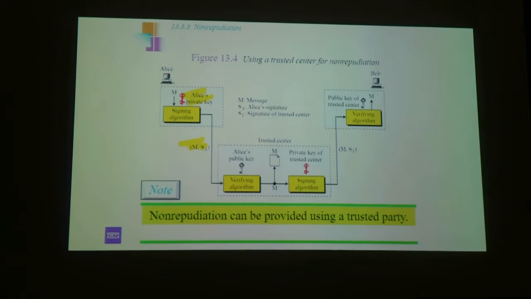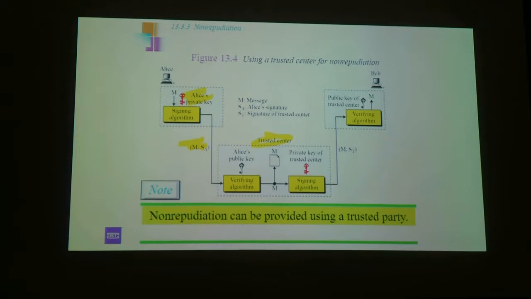Like when you're doing business, there is a center that could sign the documents for you. So the third party uses Alice's public key to verify the message, and then signs it again with the center's private key.